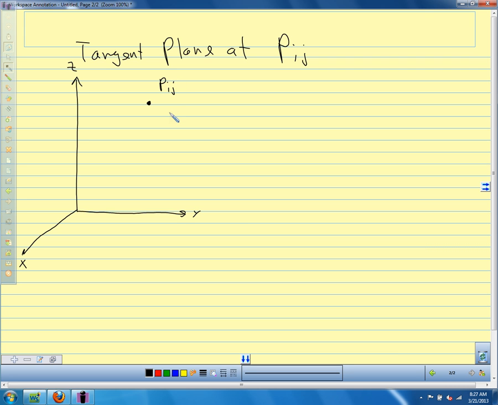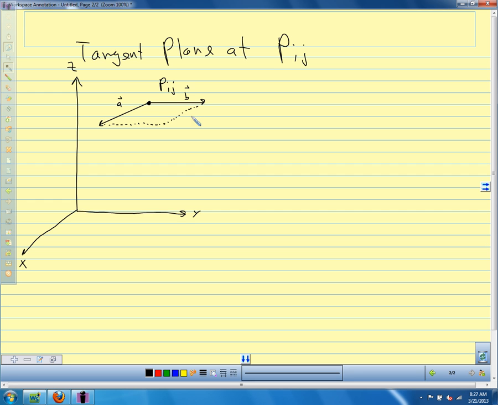So here's P sub ij, the point that we're interested in, and we're going to use vectors as the sides of a little section of the tangent plane. So I'm going to draw these vectors in going this direction. That's going to be one side of the tangent plane, and a vector that direction for the other side of the tangent plane. And we're going to call this vector A and this vector B. So we have a little portion of the tangent plane here with these vectors as the sides of that little portion.